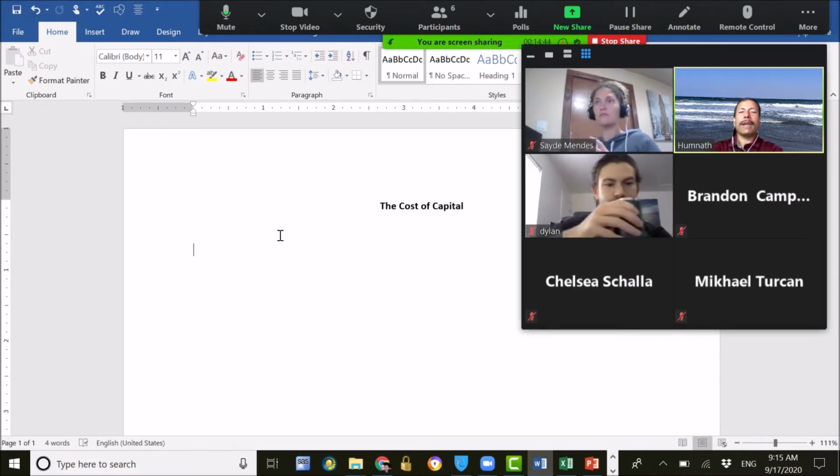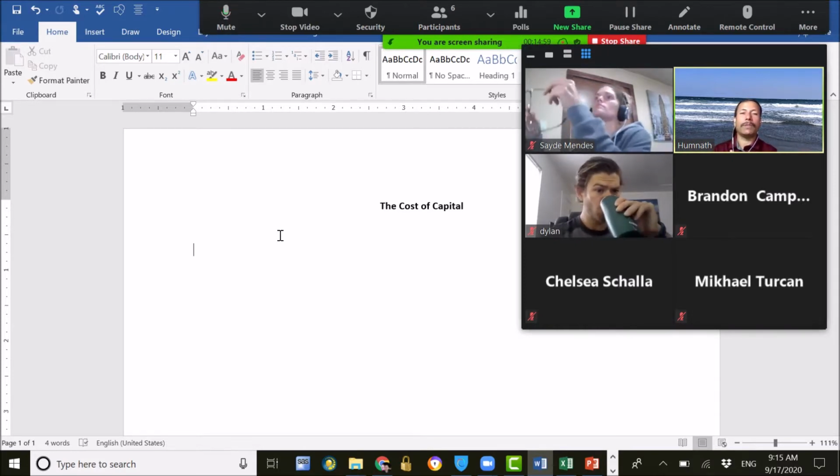We can even break down capital like this: it's money and human capital. We can break down capital into two different terms. The capital is simply money.